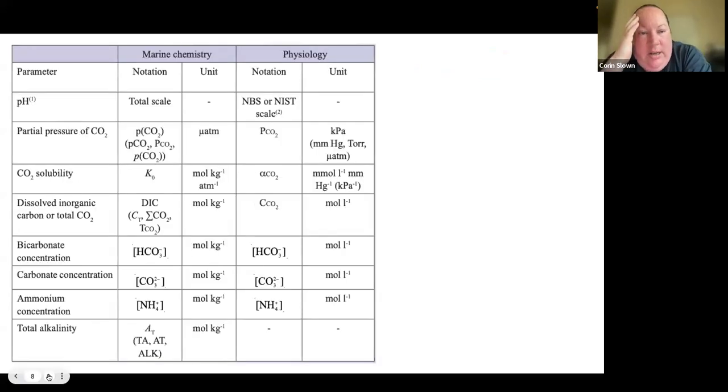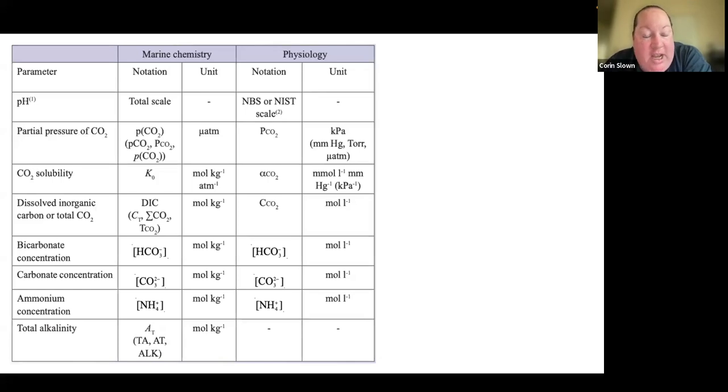Before we go further, I want to note that there are physiological units that we measure associated with mammals, the human body, and then there are the equivalent marine science units. So typically for pH, we're looking at a total scale, whereas for physiology, it's usually an abbreviated scale, usually one supported by the National Institutes of Standards.